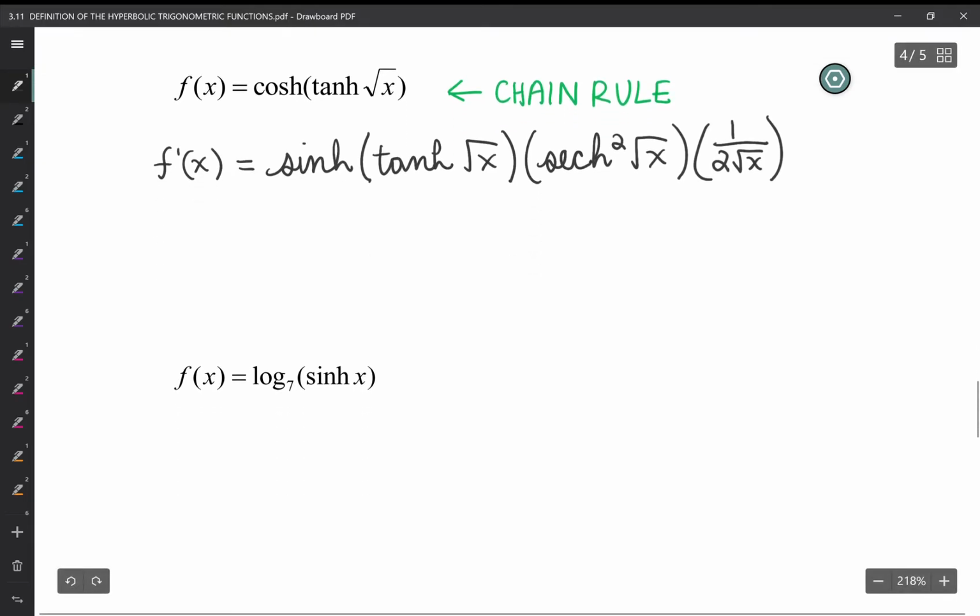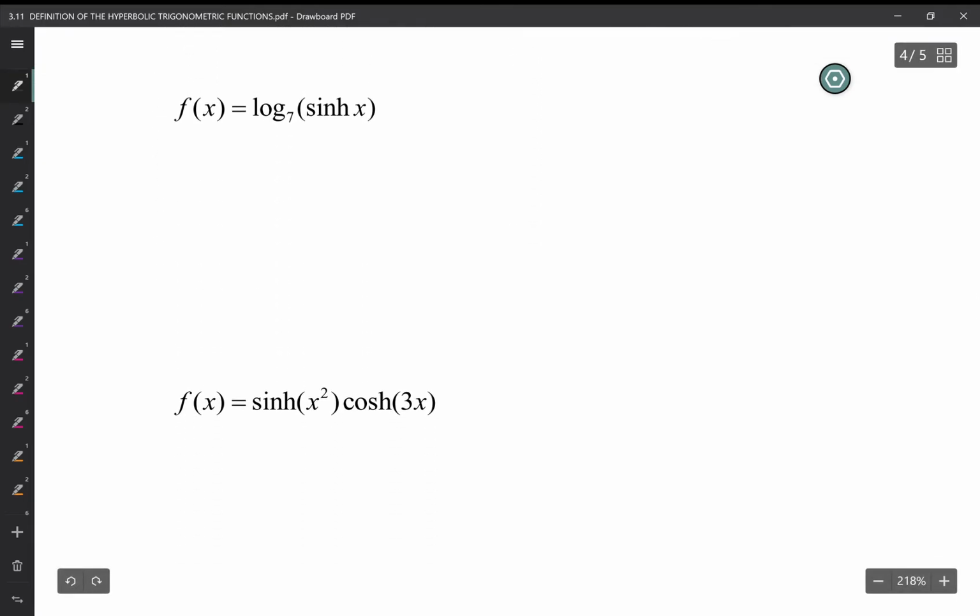Okay, now we want to find the derivative of the log base 7 of the hyperbolic sine of x. So we have chain rule again.